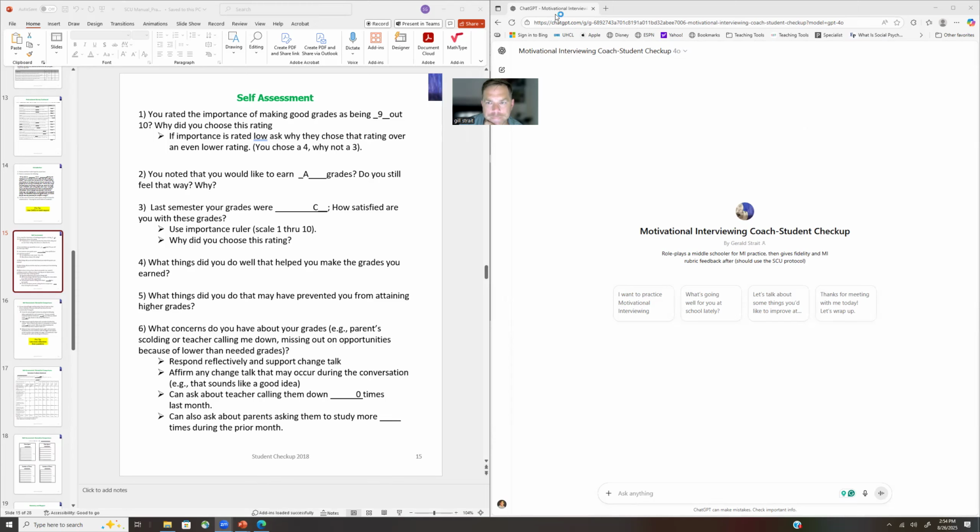All right. So we're going to try to test out the motivational interviewing coach student checkup version, which should, in theory, allow us to practice using the student checkup. And as you see, I've got the self-assessment or the questions for the student checkup here off to the left, the manual.